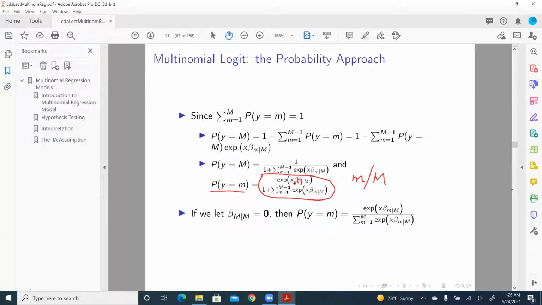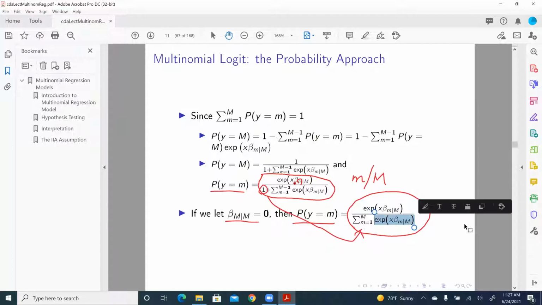And if we let the beta vector of capital letter M over capital letter M for this odds comparison equal to 0, as derived in one of our previous slides, then the probability of y equal to m can be re-expressed as this expression.